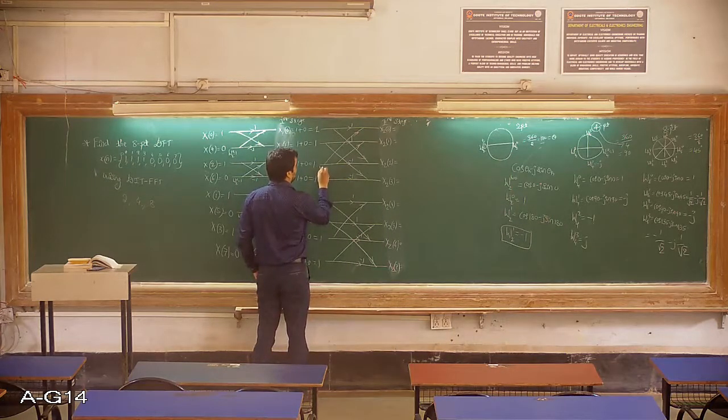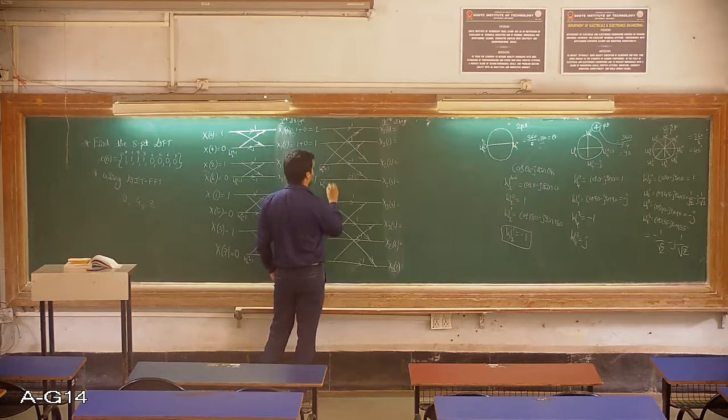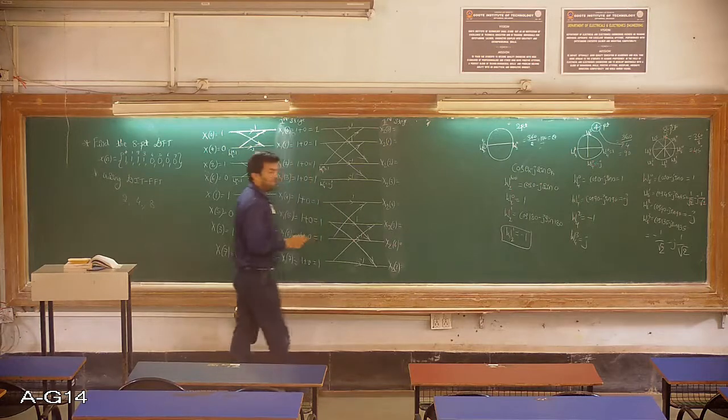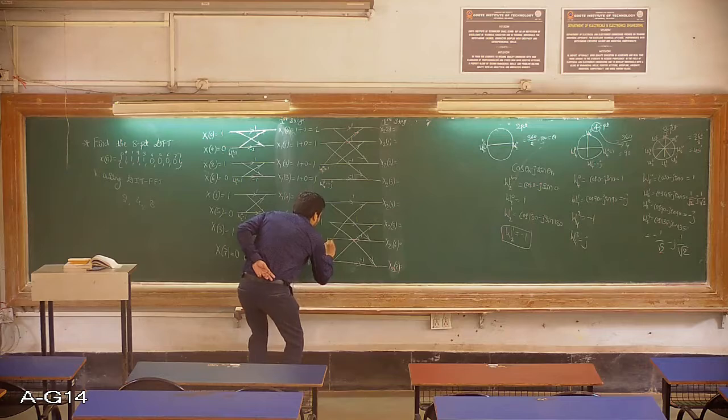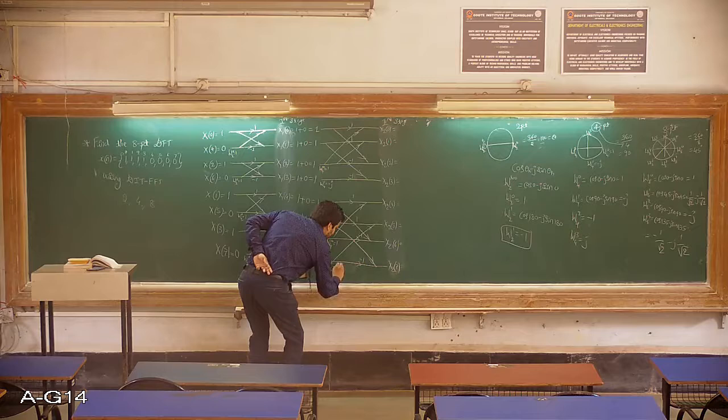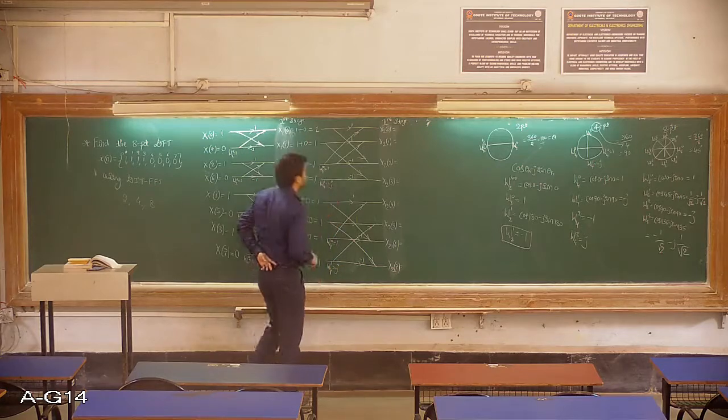So this is the W4 of 0, W4 of 0 is 1, and here W4 of 1. W4 of 1 is minus j. Again here also we have to use W4 of 0 and W4 of 1. W4 of 1 is minus j.